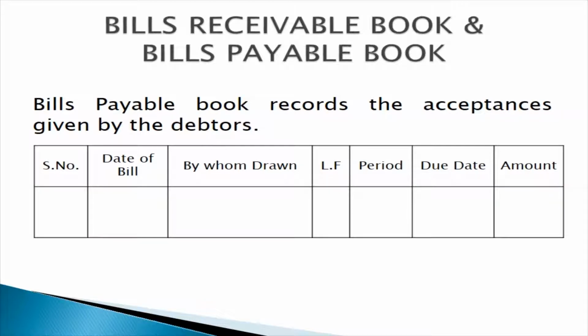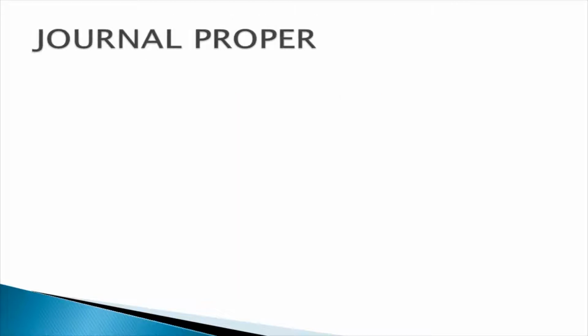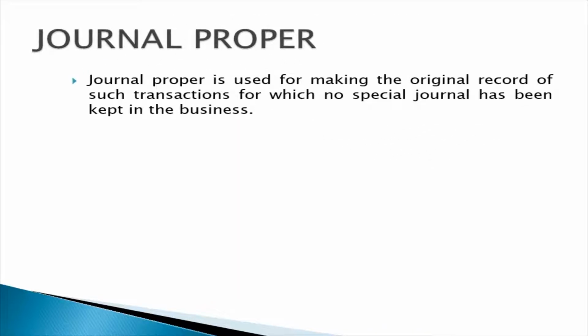Now, moving on to the meaning of journal proper, it is used for making the original record of such transactions for which no special journal has been kept in the business.